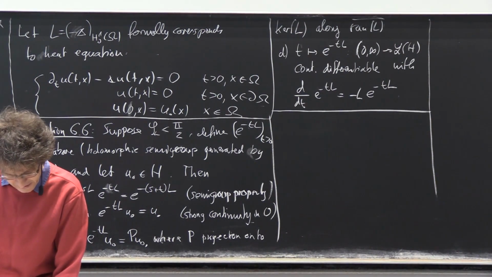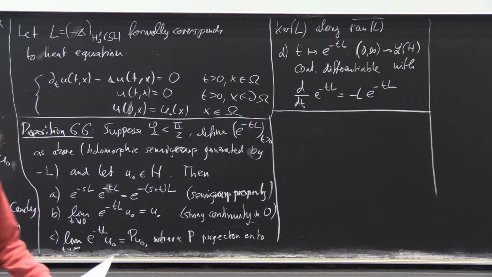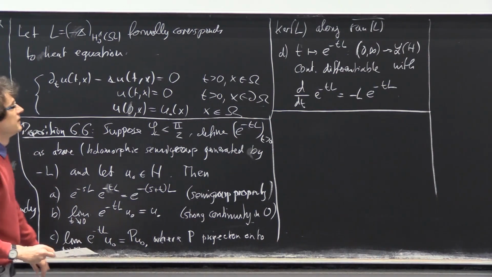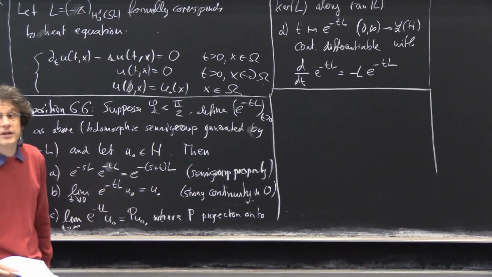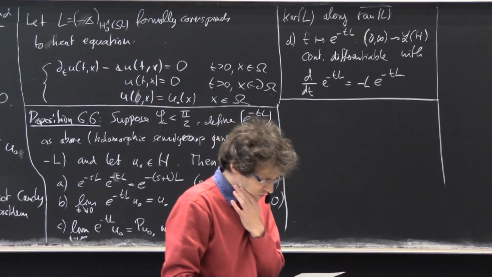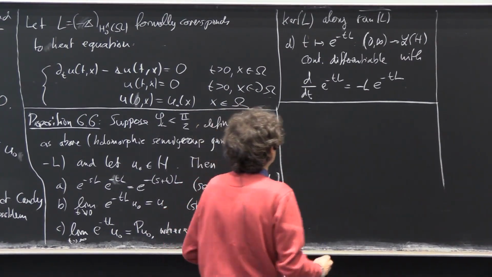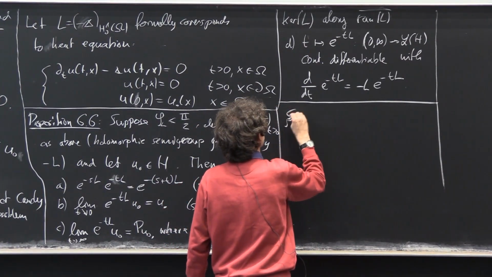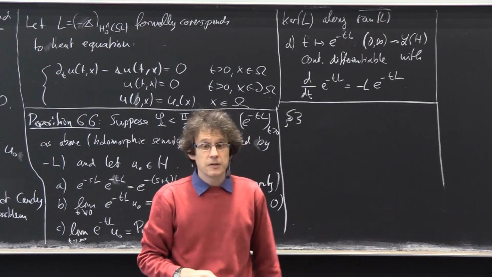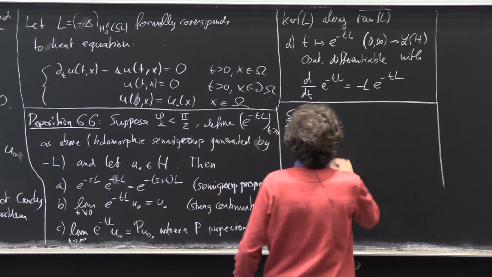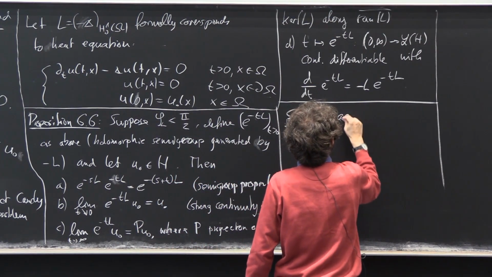Okay, so this is the second application of our functional calculus that I want to show you. And now there is a third part of this chapter, which is about the so-called adjoint calculus.